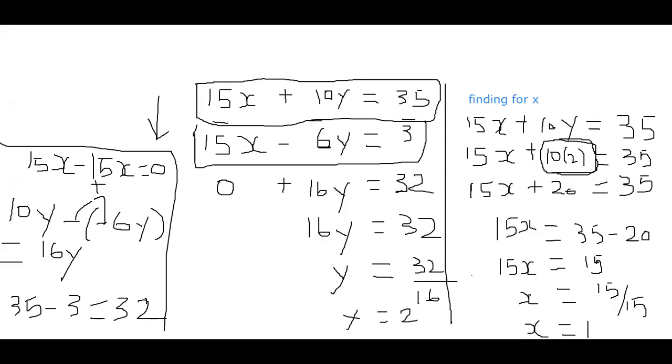So we get y here, y equal to 2, right? So now we choose any one of these equations, and wherever we see y, we replace it with 2. And then we try to make x the subject, and that will give us the answer for x. All right? So we substitute first, and then we make x the subject. Yes, sir.